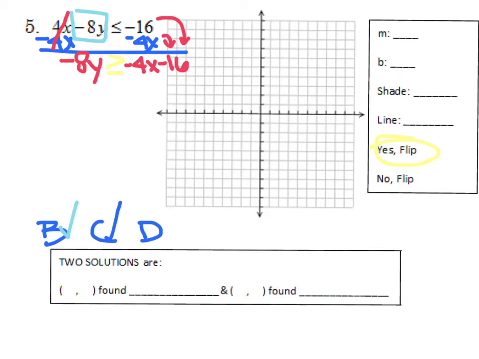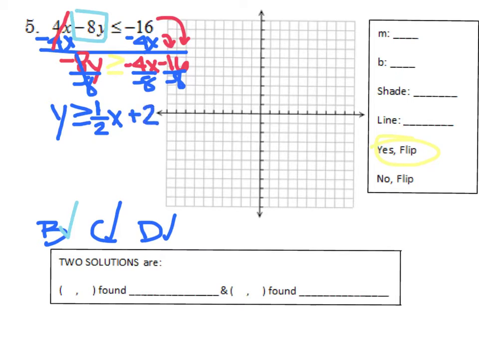Last step, D for divide. I'm dividing everything by negative 8. So our final answer is y is greater than or equal to, that gives us positive 1/2 x. Negative 16 divided by negative 8 is also going to be positive 2.